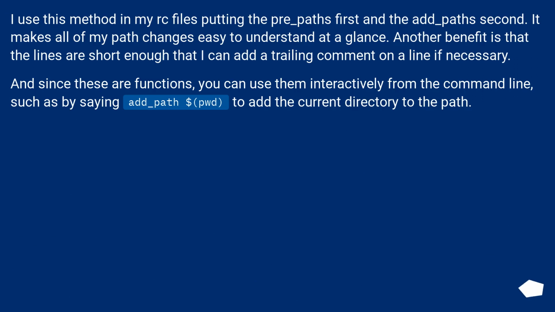It makes all of my path changes easy to understand at a glance. Another benefit is that the lines are short enough that I can add a trailing comment on a line if necessary. And since these are functions, you can use them interactively from the command line, such as by saying add_path $PWD, to add the current directory to the path.